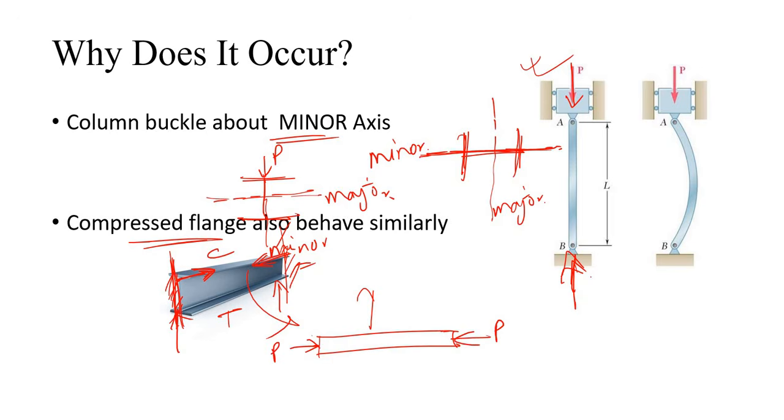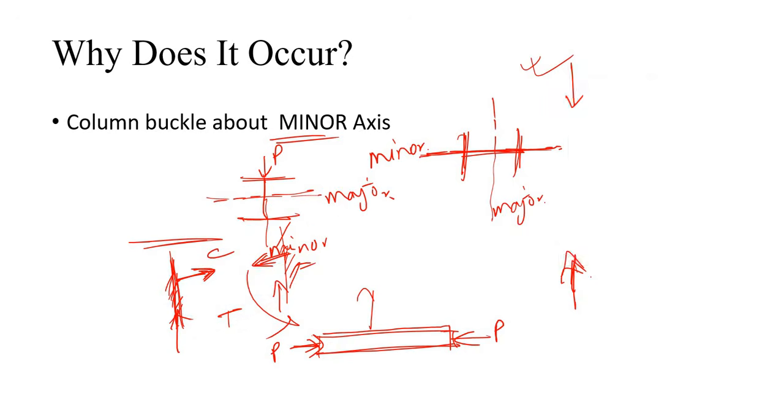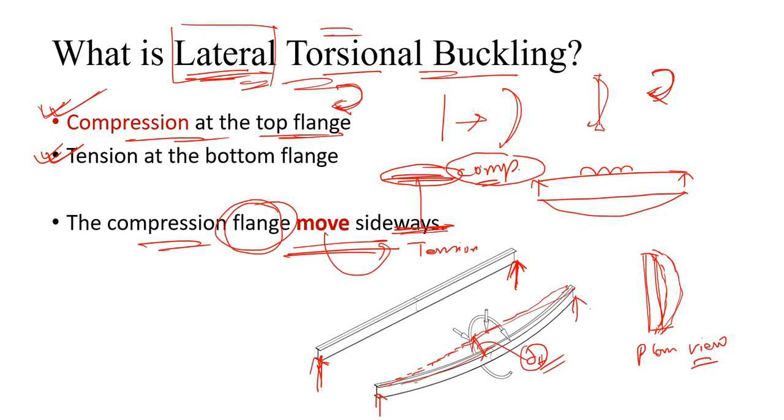And of course this compressive force will try to buckle this top flange. But now I have a question, right? Here it was written that the compression flange moves sideways, right?